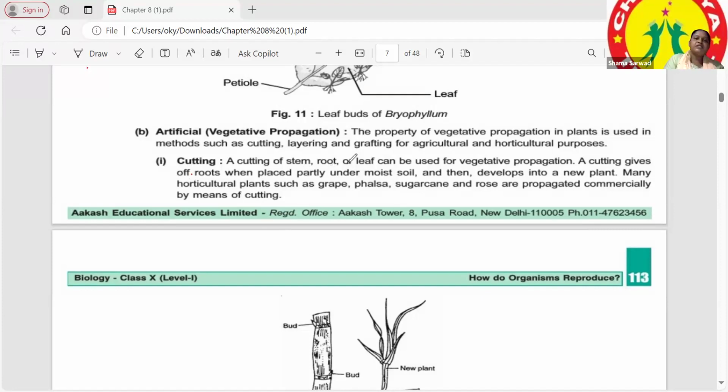Now, cutting. A cutting of stem, root, or leaf can be used for vegetative propagation. A cutting gives off roots when placed partly under moist soil and then develops into a new plant. Many horticulture plants, such as the grape, falsa, sugarcane, and rose, are propagated commercially by means of cutting.